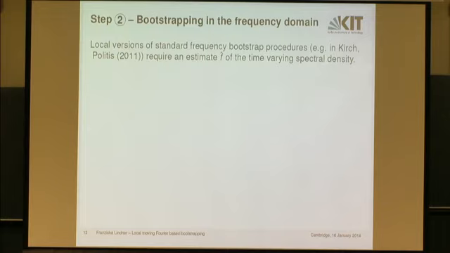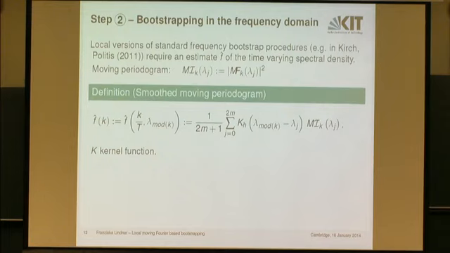Well, we use our moving Fourier coefficients and introduce a moving periodogram, like this, and then smooth it using just some kernel. And this f hat is our smooth moving periodogram. It's our spectral density estimator, and it's effectively just a function of one parameter, of k. But I think this notation is easier to understand.